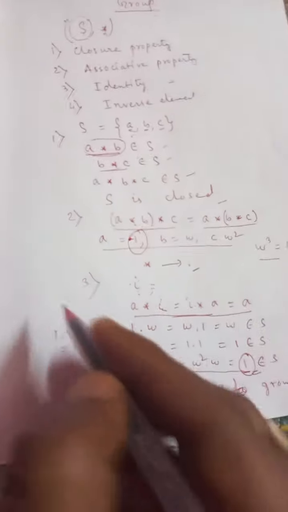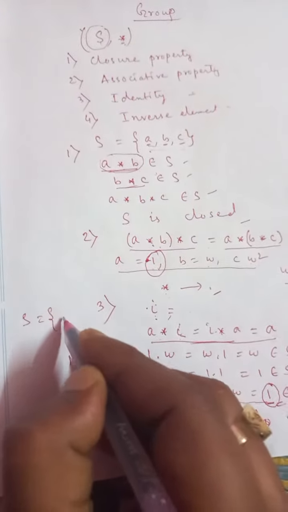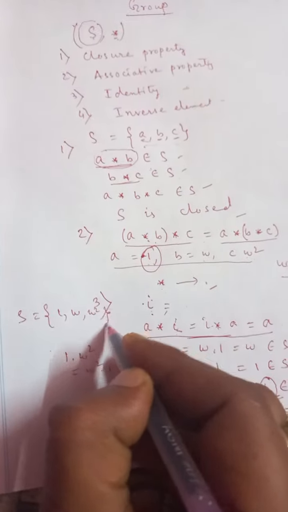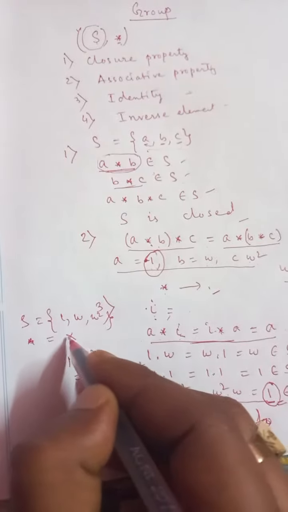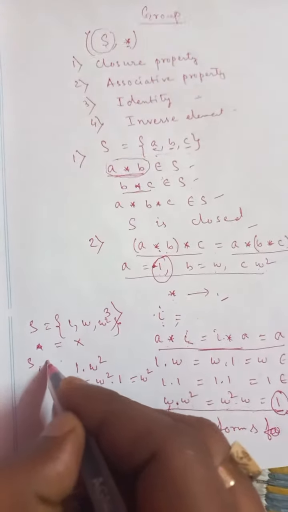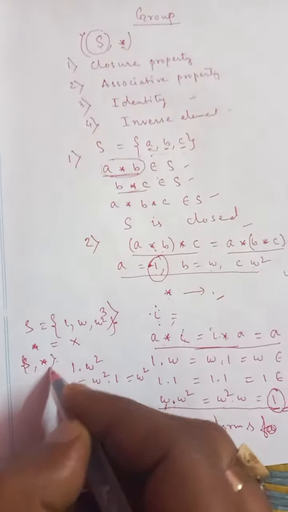Here I have given an example that S equals three elements, 1, omega, omega square, and we take the binary composition multiplication, then S and star form a group.